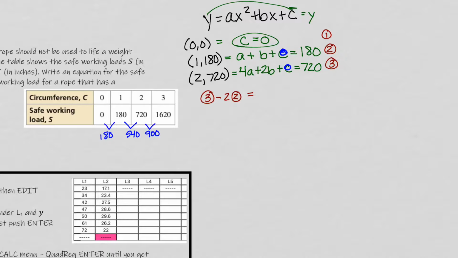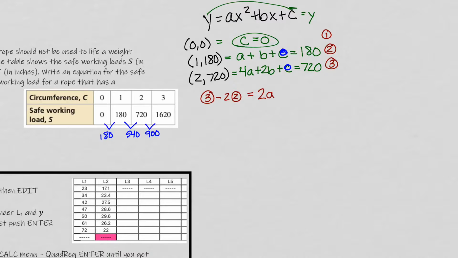So let's try this. Okay. 4a, which is my equation 3, minus 2 times equation 2. So 4 minus 2 times 1 is 2a. Then I have 2b minus 2 times b, which is 2b minus 2b, is 0.